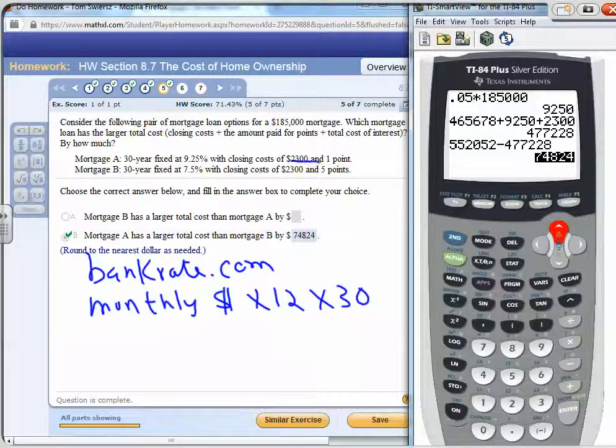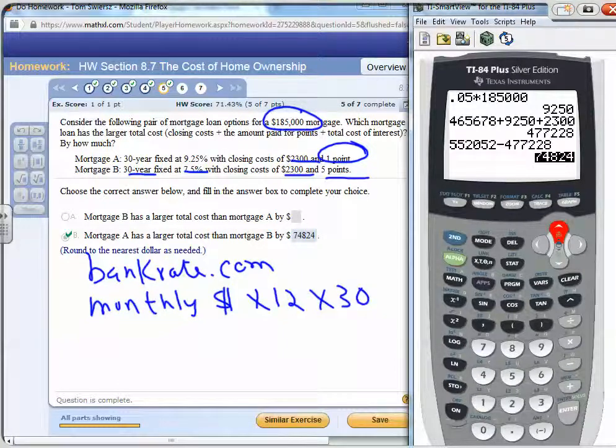Then we added the closing cost and 1 point, which was 1%. Then we did the same thing with 30-year 7.5%. We used Bankrate with the 185,000 mortgage, got the monthly payment times 12 times 30, added the 2,300 and the 5 points. Again, the 5 points was $9,250.